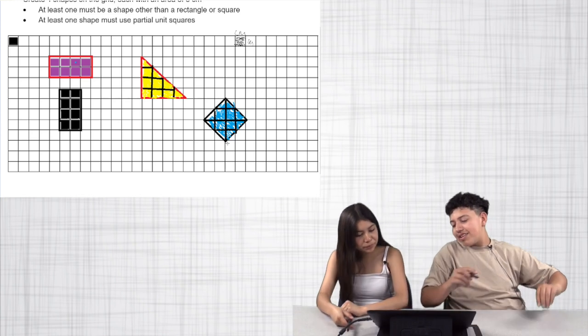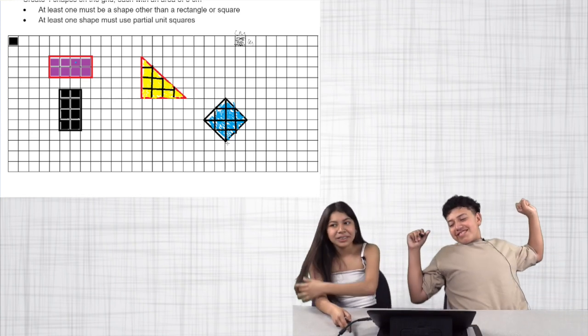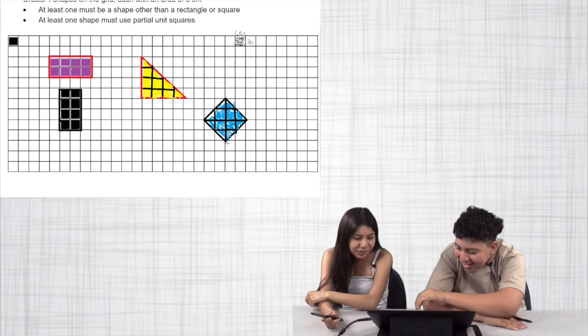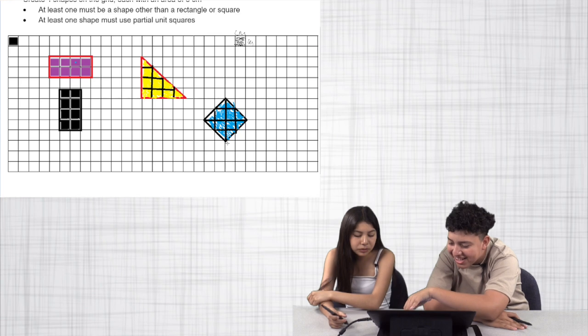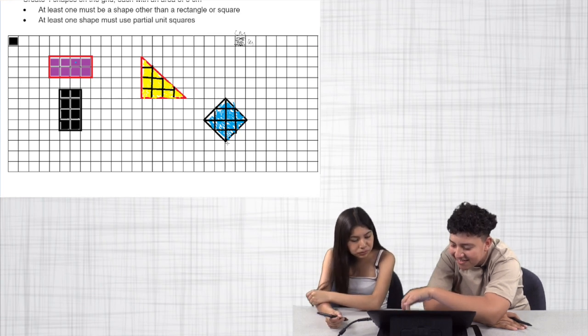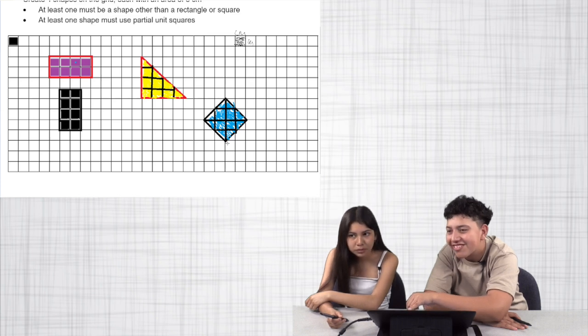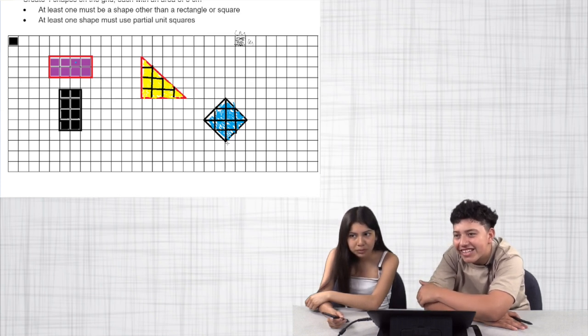Yeah. Very cool. Can you tell me how you know that's 8 centimeters squared? Because the middle is already 4, and then the top is 1, 2, 3, 4. 4 plus 4 is 8. Do you agree, Emily? Mhm.